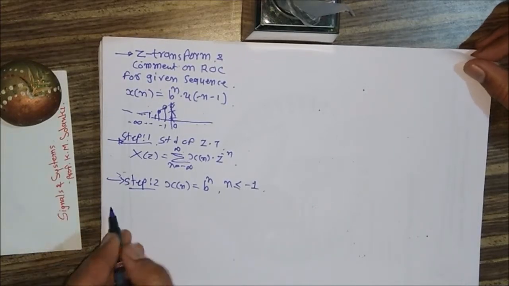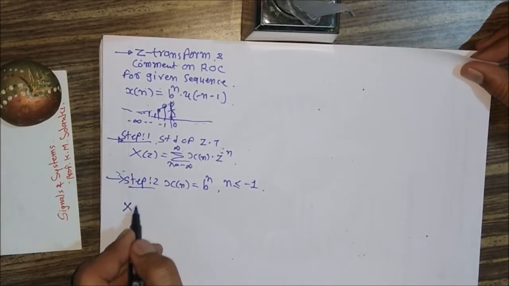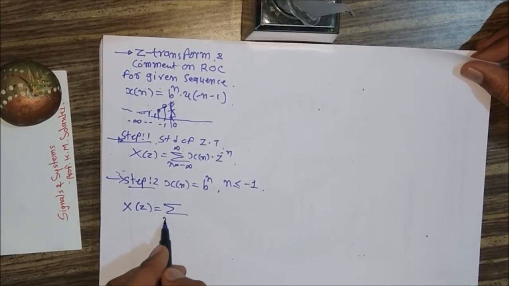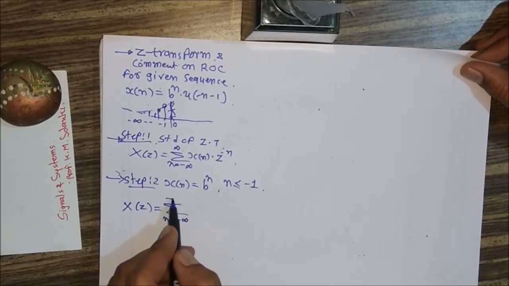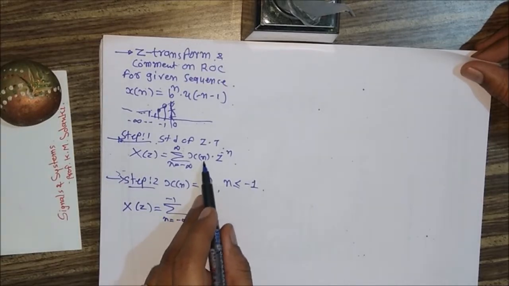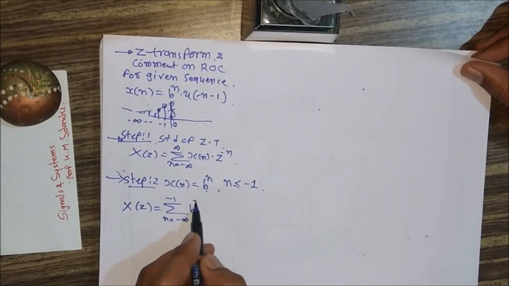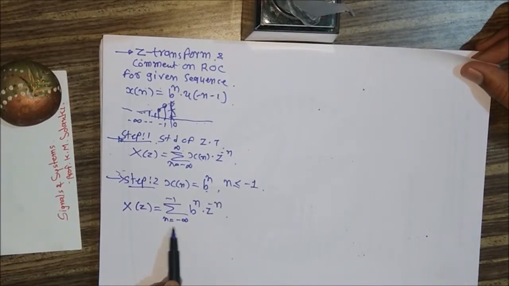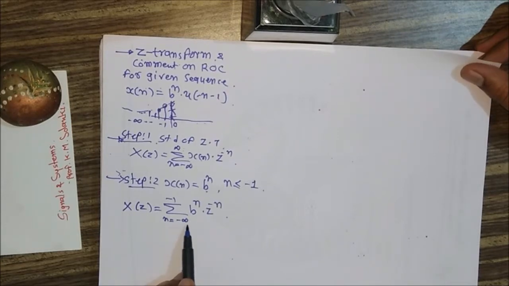So let's begin the summation. Now X(z) is the summation for n = -infinity to -1, where x(n) is b^n, so b^n z^-n. The limit here is n = -infinity to -1.